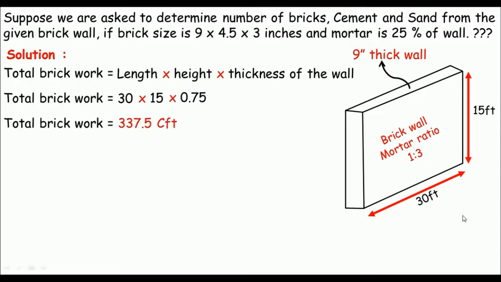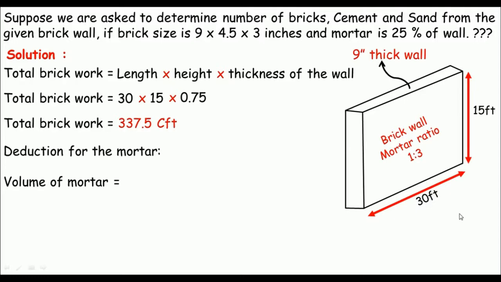But this is just the total brickwork. We have to deduct the volume of mortar, right? So let's do deduction for the volume of mortar, and let's calculate the volume of mortar, right? Remember, the volume of mortar can be just look at the example terms. That's 25%, right?